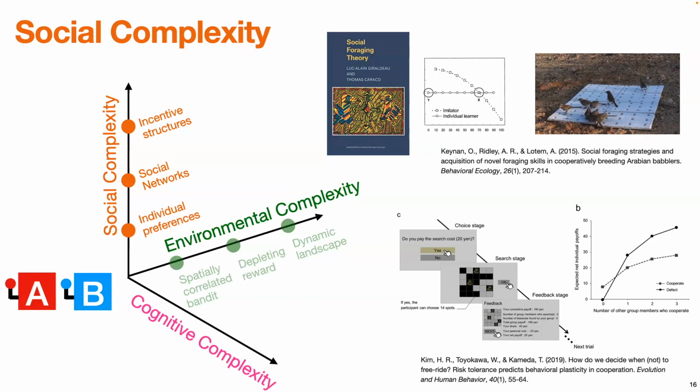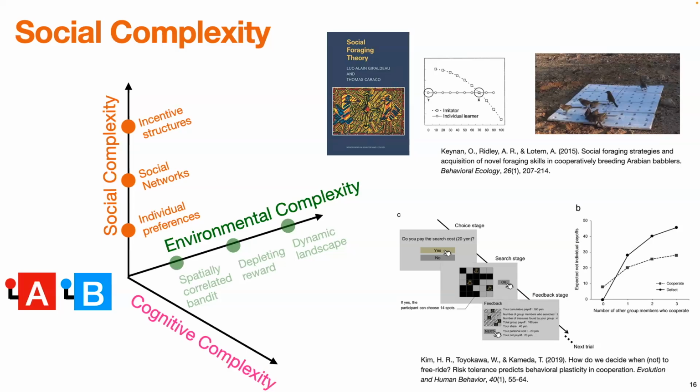Who goes to the dangerous world and finds the patch? Then it forms game theoretic dynamics, and we have to think about fitness or payoff that depends on social status or others' behavior. That's the classic social foraging task experiment done in bird species.